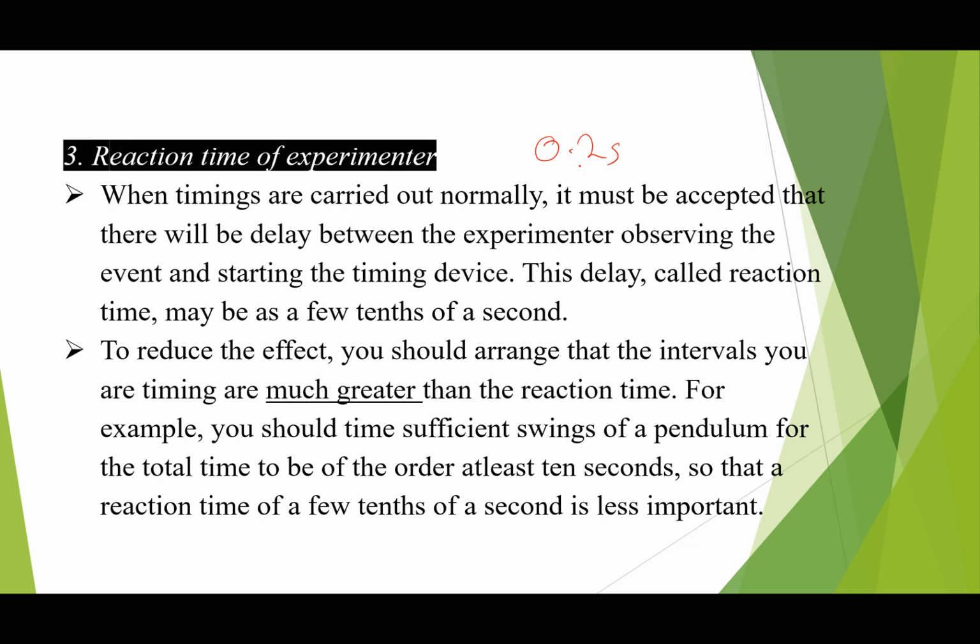Of course, reaction time affects values. Reaction time cannot be avoided because it will always be there. It is natural that timing experiments manually, for example, is most likely going to introduce a delay, which is natural.